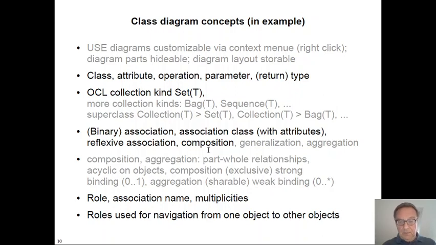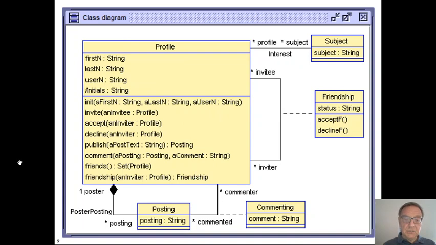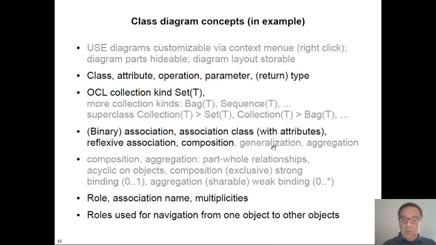and I've mentioned composition as a form of association. Composition is always indicated with a black diamond. What I have not explained so far is that there is another form of part-whole relationship, namely the aggregation, and composition and aggregation are explained here in a more precise way.